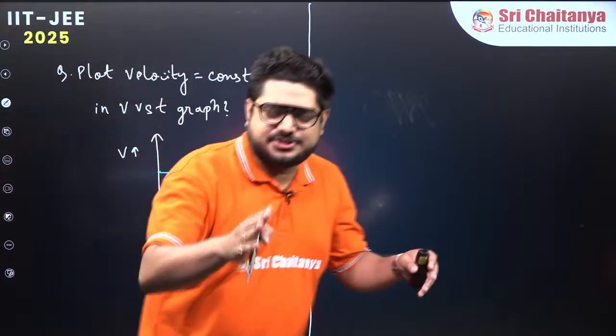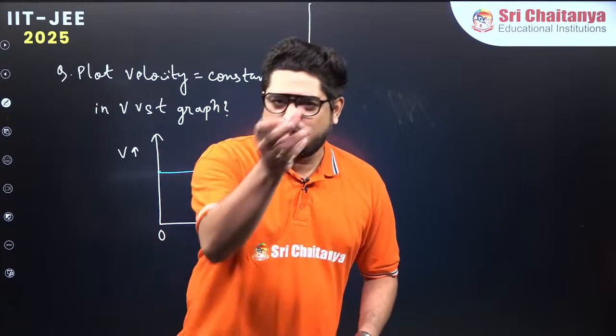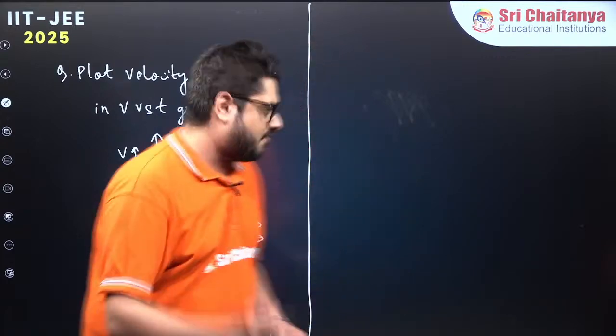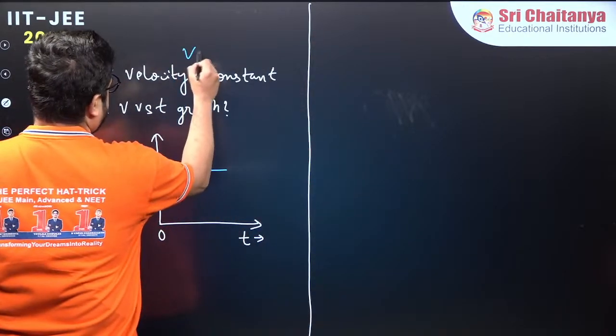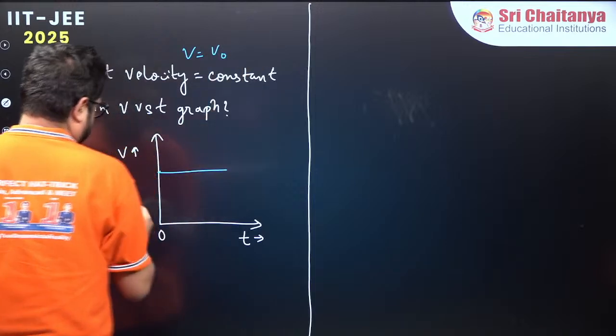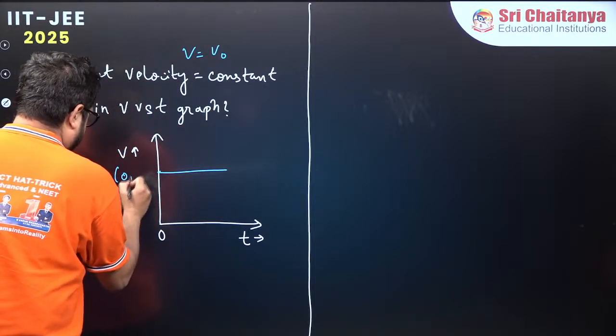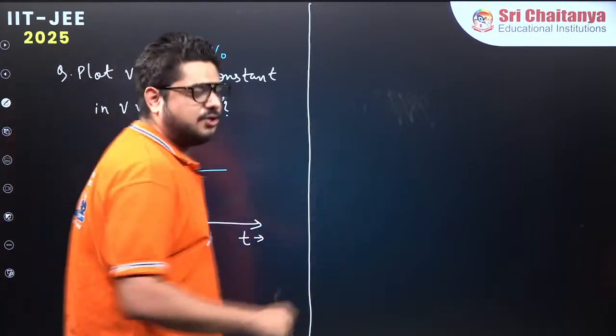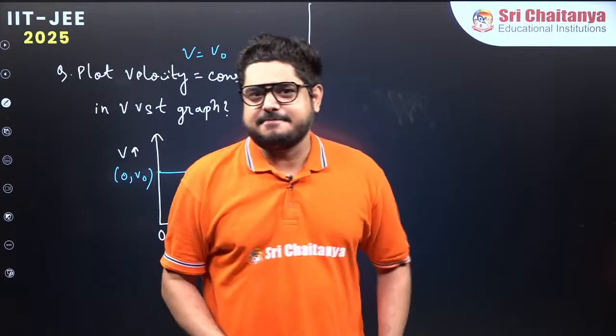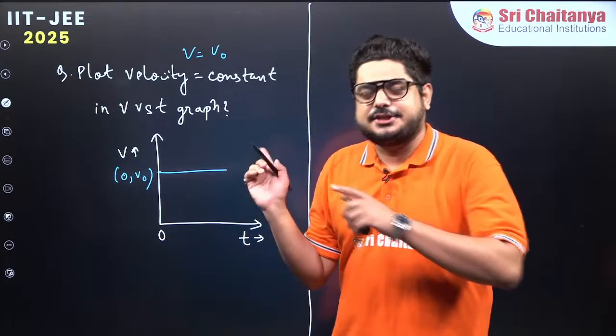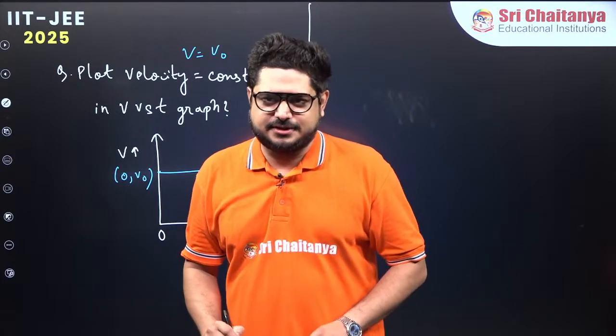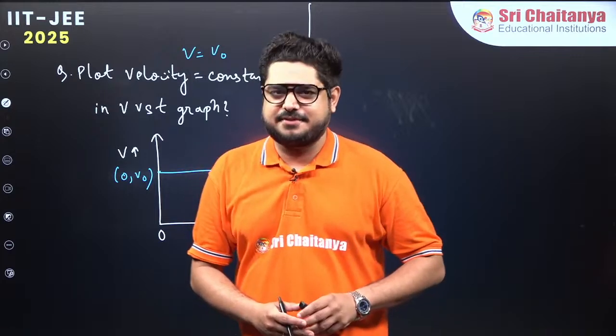Let's say that the constant is given as V0. Let's say velocity is some constant V0, so I can mark it as 0, V0. It's going to remain the same throughout the time axis. So this is what constant means, everyone.